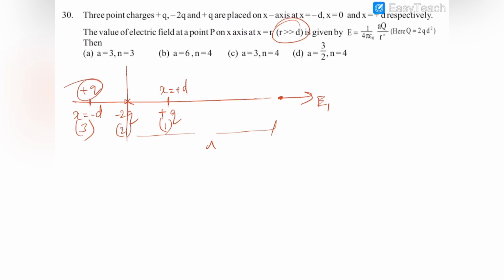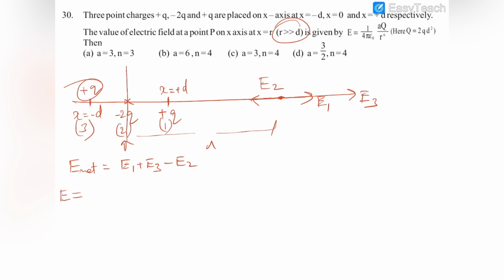This charge plus q will again repel, and let us write it as E3, and this second charge would attract, so E2 would be in this direction. Now the net field would be E1 plus E3 minus E2.